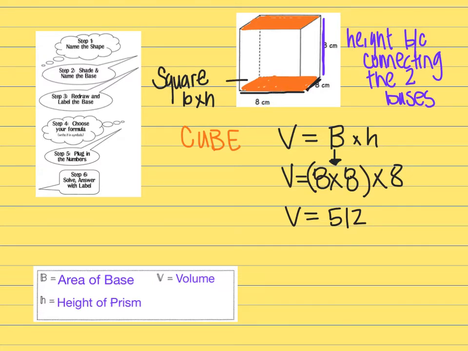We're working with 3D figures, so I like to just remind myself that the label will have a cubed symbol, exponent 3. What I'm trying to figure out basically is how many little cubes would stack up inside this box. So I would read this as 512 cubic centimeters or 512 centimeters cubed.